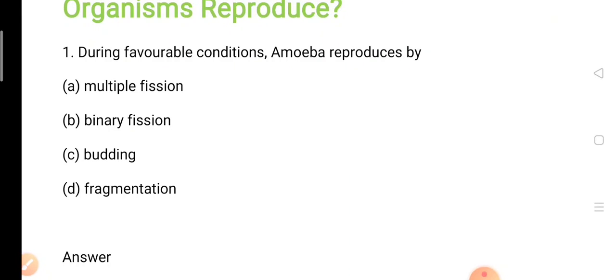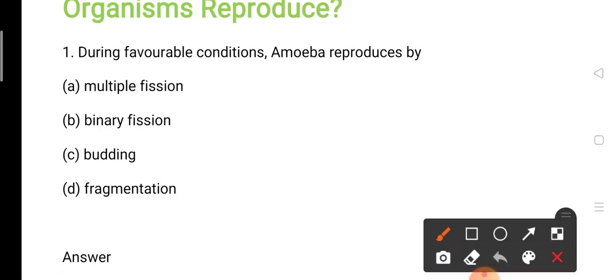Now the first question is: during favorable condition amoeba reproduces by multiple fission, binary fission, budding, fragmentation. So we have to choose one of the options given.